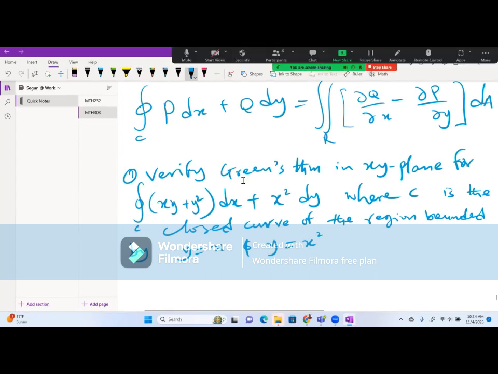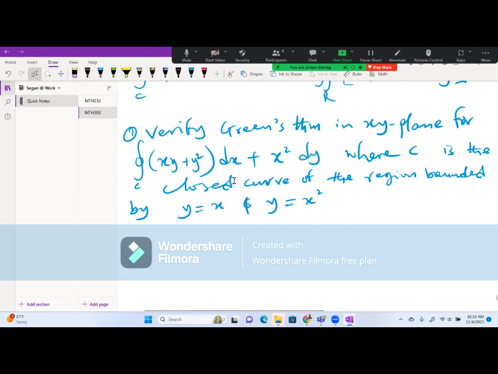Don't forget the formula above says the integral of P dx plus Q dy is the same thing as the partial derivative of Q with respect to x minus the partial derivative of P with respect to y in a particular area that we are dealing with.